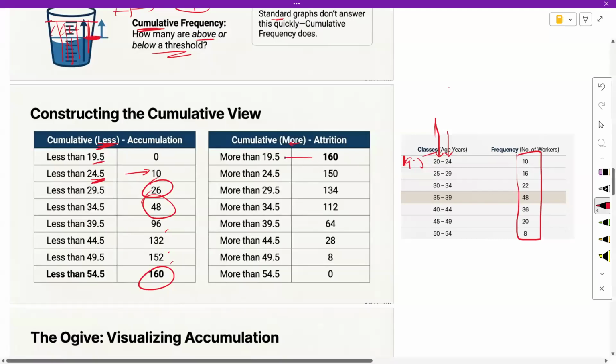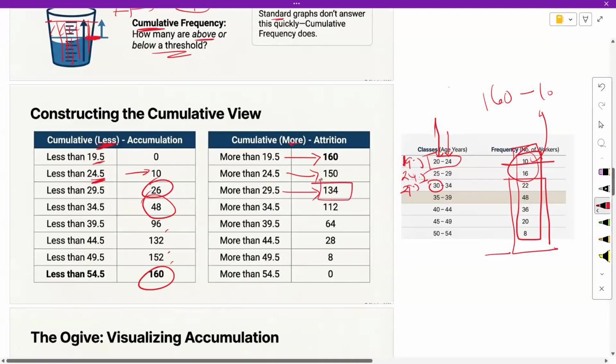All employees are above 19.5. So how many of them? 160. And above 24.5, we exclude this group, so 160 minus 10, which is 150. And above 29.5, or more than 29.5, we consider this range, or 160 minus 26, which is 134.